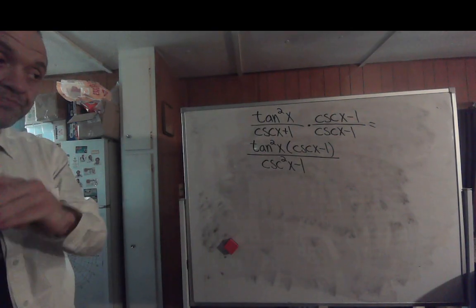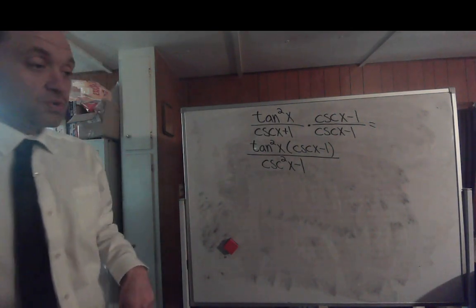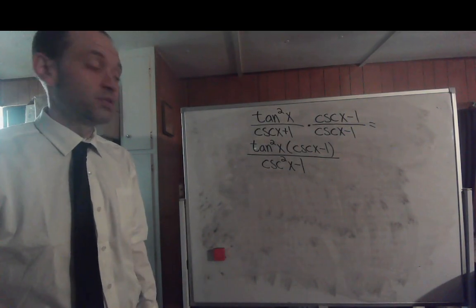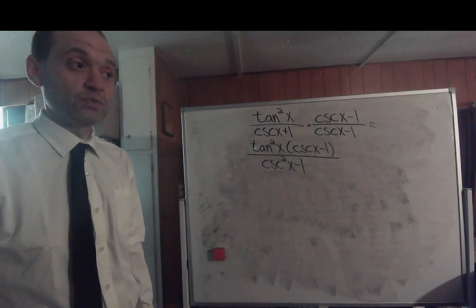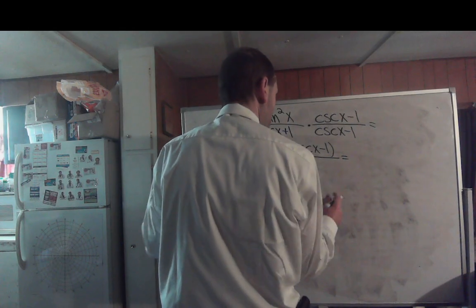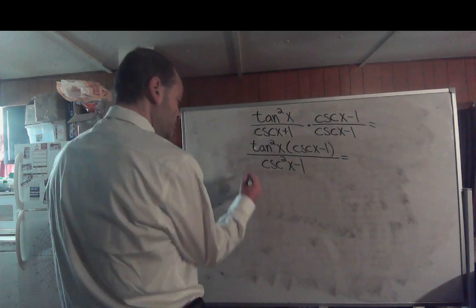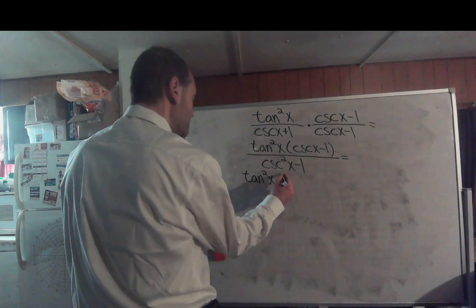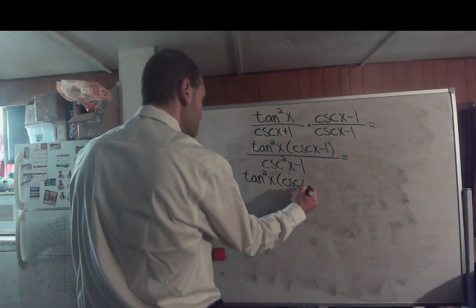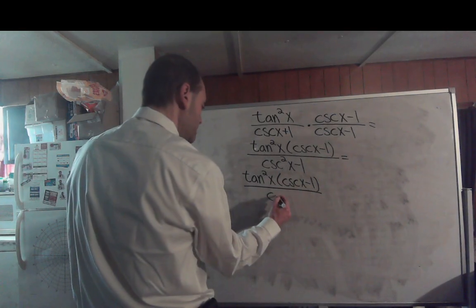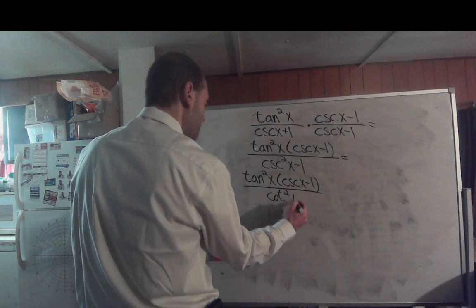Alright, well, cosecant squared of x minus 1, let's deal with that. We know that 1 plus the cotangent squared equals cosecant squared, so this would actually turn into the cotangent squared. So this would turn into the tangent squared of x times the cosecant of x minus 1 all over the cotangent squared of x.